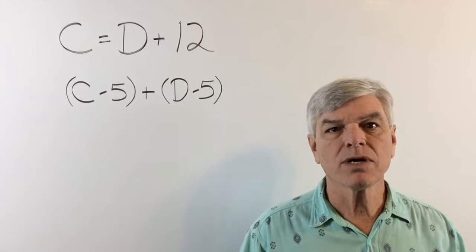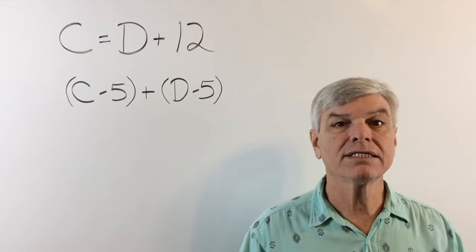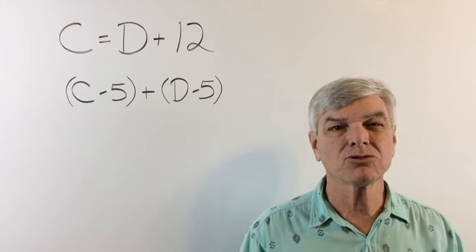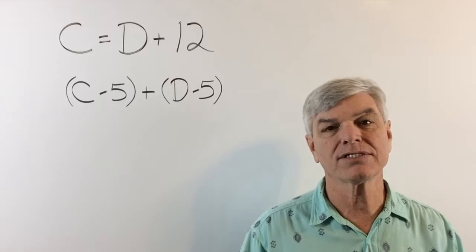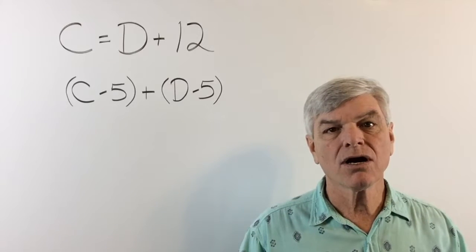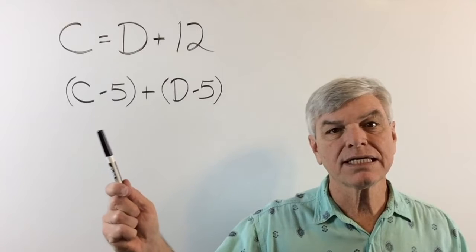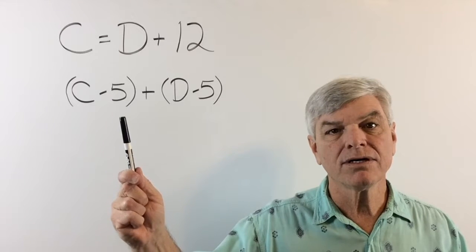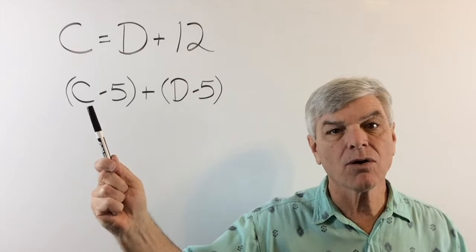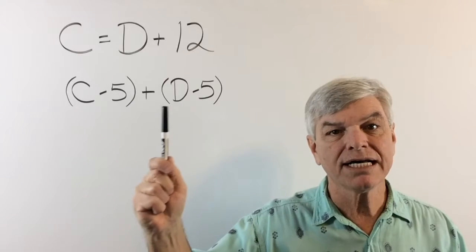Or let me put it this way, that could be in the first sentence, and whatever the age is where you're adding or subtracting numbers, put that in parentheses. So Carmen 5 years ago was C minus 5. Whatever this age is right now, 5 years ago it was C minus 5.